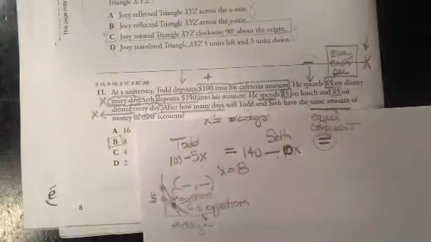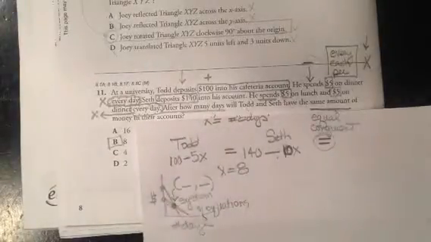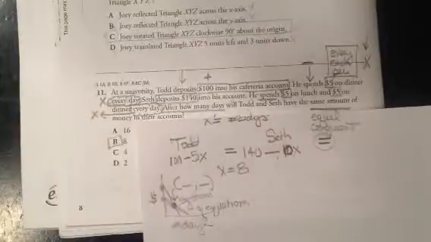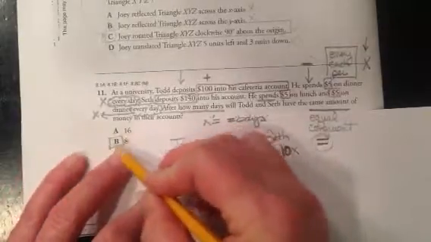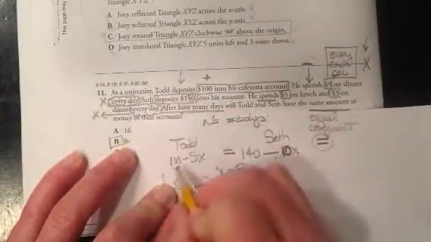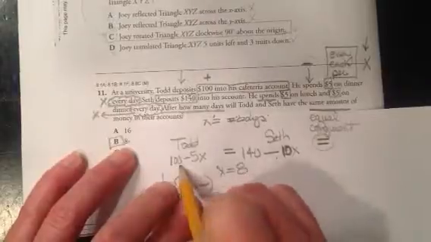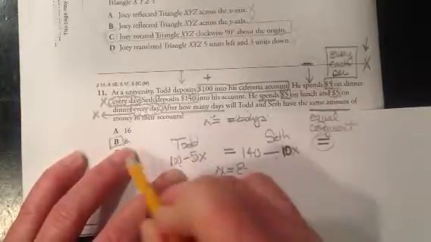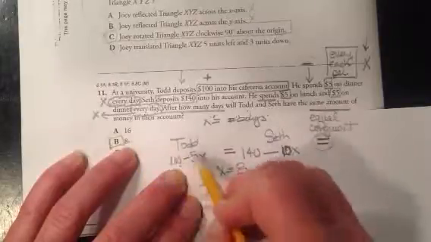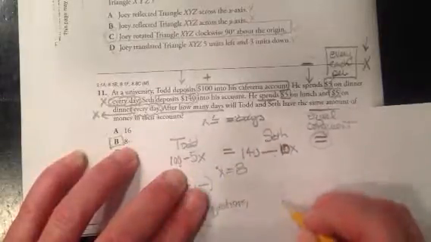Okay? Now, is there another way? Maybe you forget nSolve. How can we justify that answer? If we know, we could substitute this numerical value back into Todd. If he spends $100, or I'm sorry, he deposited $100, 5 times 8 is 40, 100 minus 40 is 60 in Todd's account.